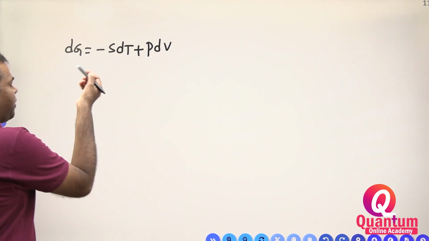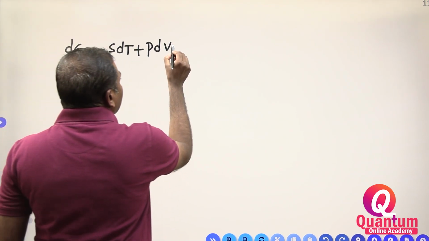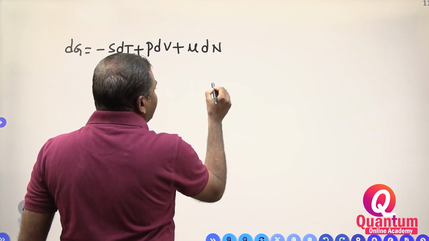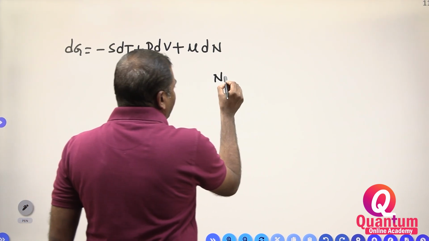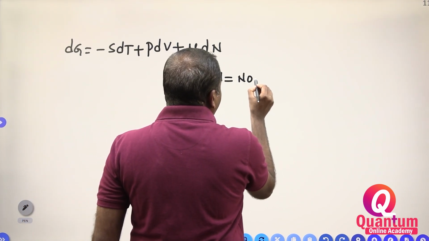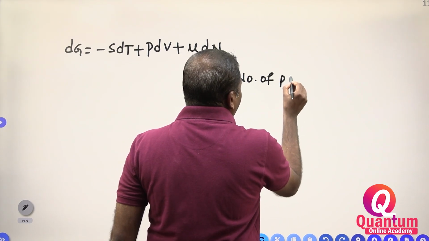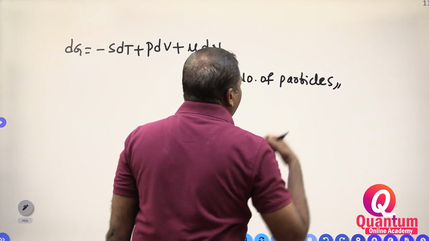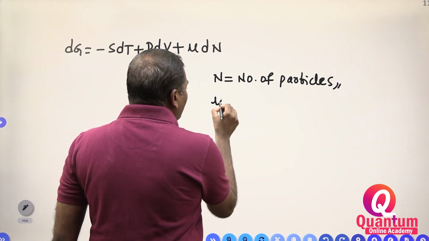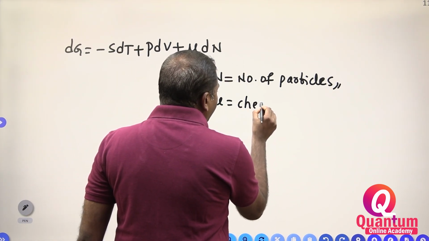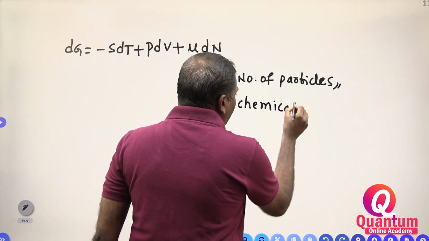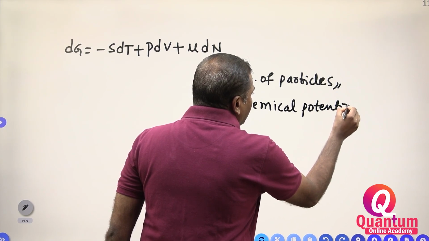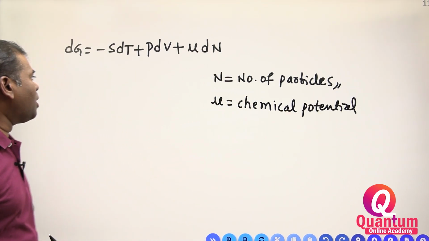First you differentiate, plus you take mu dN, if N is the number of particles, because in the problem they are giving N as the number of particles. What is mu? Mu is the chemical potential. Clear?